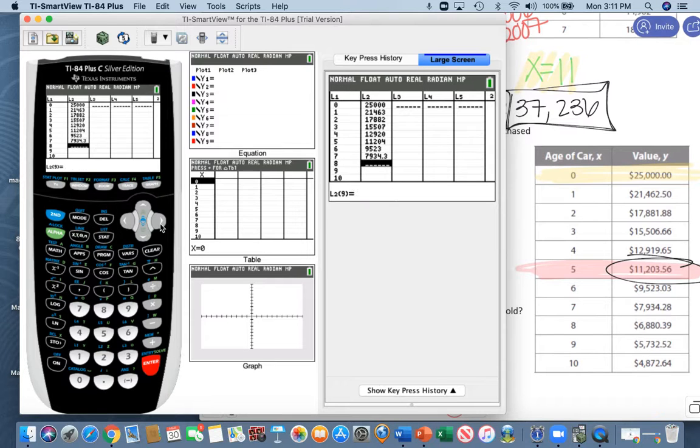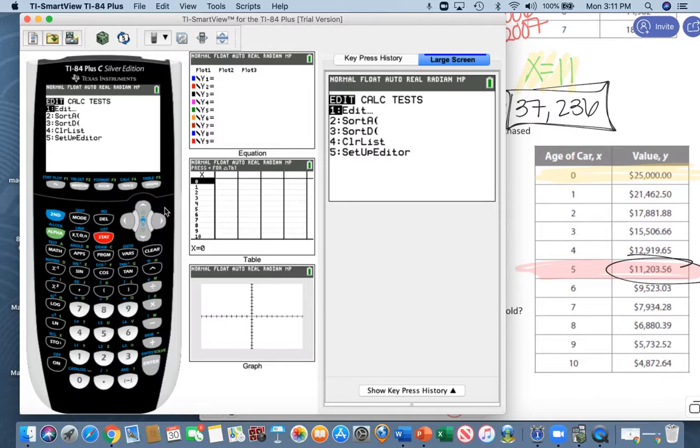Geez, these are big numbers. 6,880.03, 5,732.52, 4,872.64.